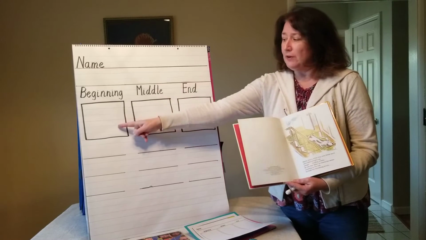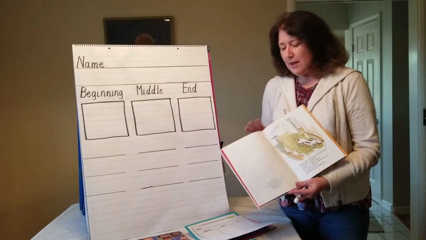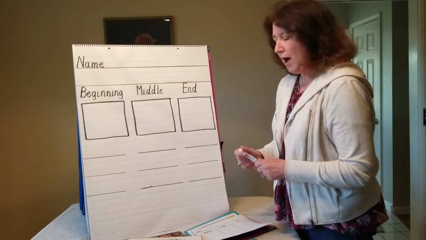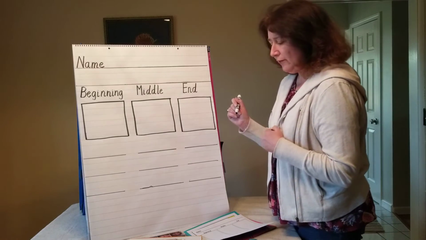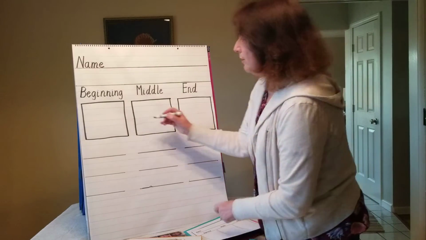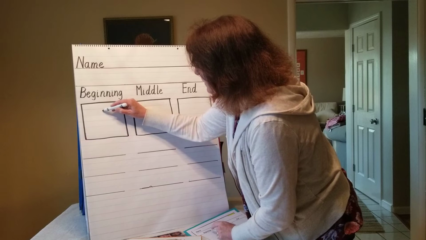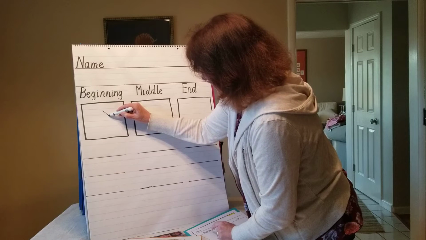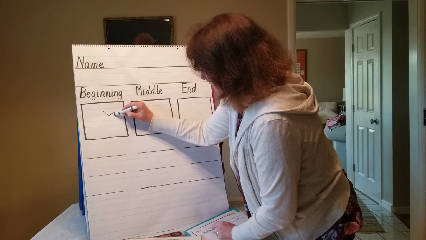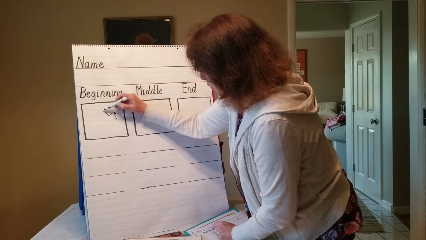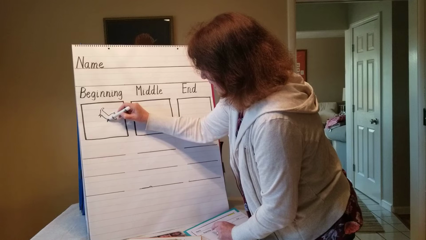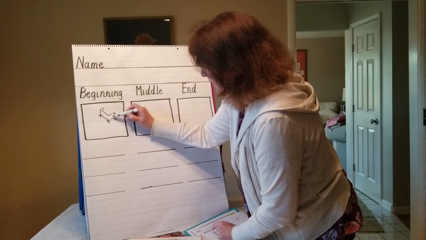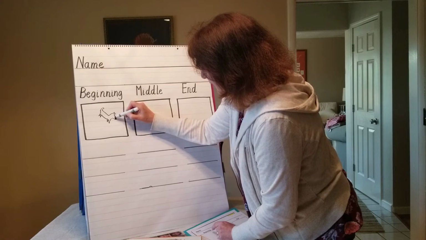So on my graphic organizer, under beginning, I am going to draw, quick sketch for me, a picture of Harry running away from home. So here he comes, he's coming down the steps. He's got that little pointy nose, he's got a little tail. And remember, Mrs. Griffith is not a professional artist like Mr. Ferguson.